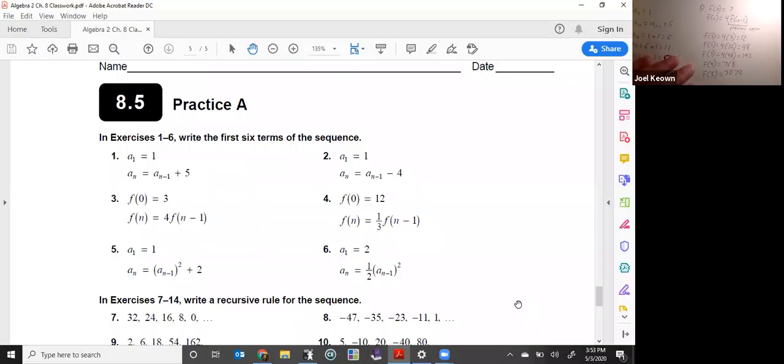All right, and then let's look at it in a slightly different way. What about number 5? They tell me a sub 1 is 1. A sub n equals a sub n minus 1 squared plus 2.